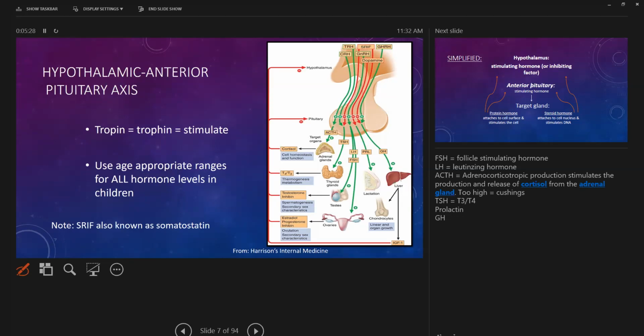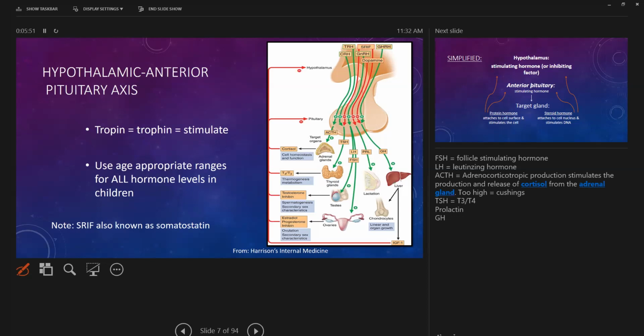We'll define again another term. So we've got trophin, which equals to stimulate. So these tropins are usually stimulating something to occur. You always want to use age-appropriate ranges for hormone levels, as they are going to fluctuate, particularly with pediatric population.